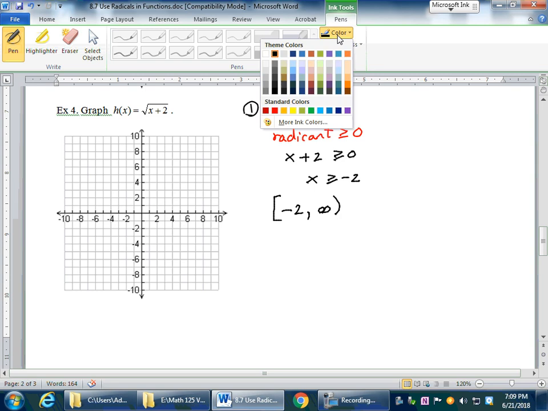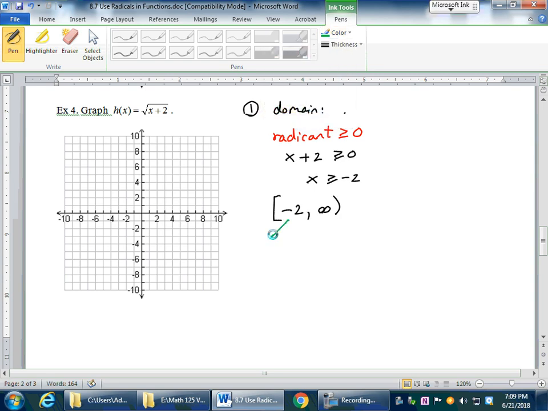And this allows us to see where my starting point is. Once I know the starting point, my step 2 is basically what?